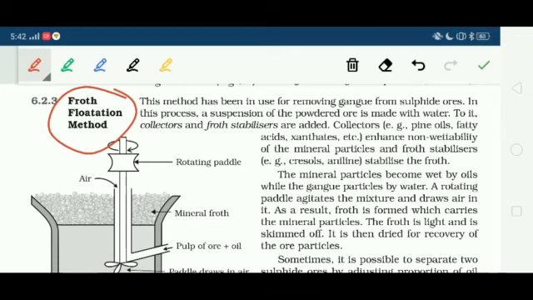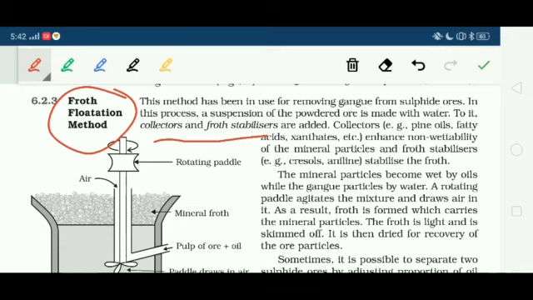So in this method, a suspension of powdered ore is made with water, and to it collectors and froth stabilizers are added. What do we mean by collectors? Collectors are those substances which enhance non-wettability of the mineral particles, for example pine oils.